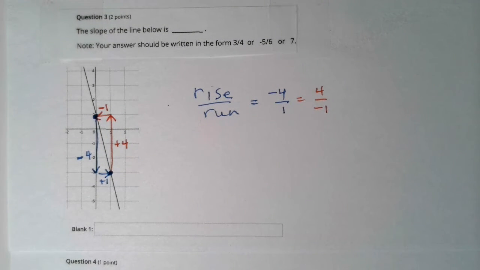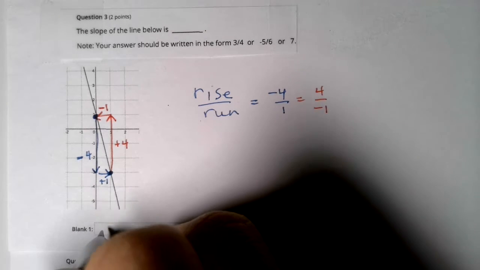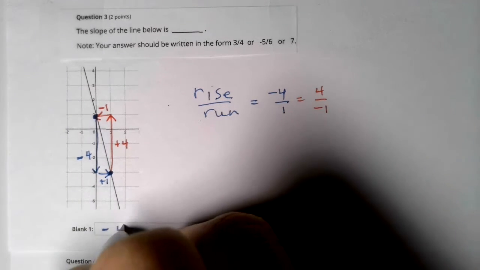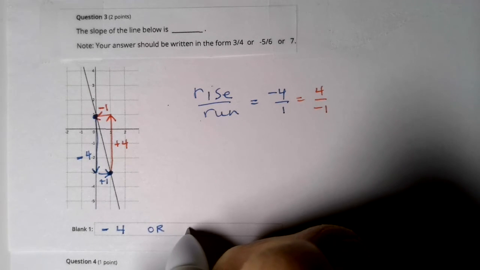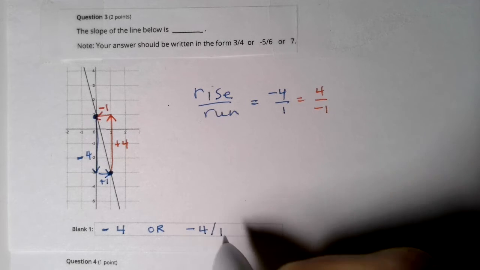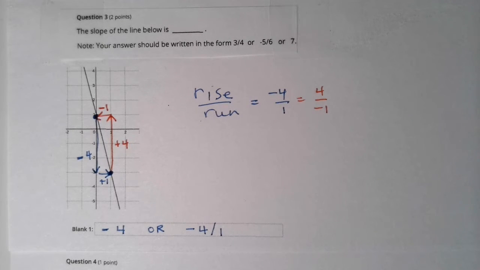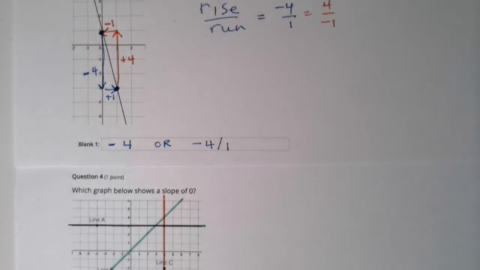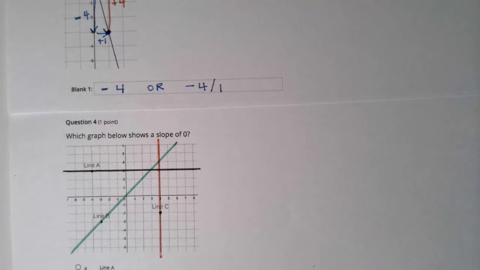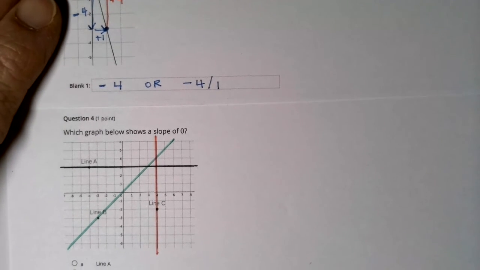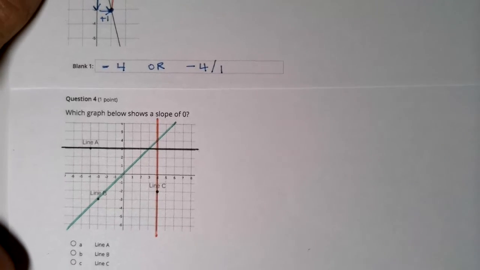When you're entering this in as a fraction, typically you're going to see that negative out in front, and you can enter this as -4, or you could enter that as -4 over 1 if you're entering it in as a fraction. And the last question in the first section of the test is: which of the graphs below show a slope of 0?